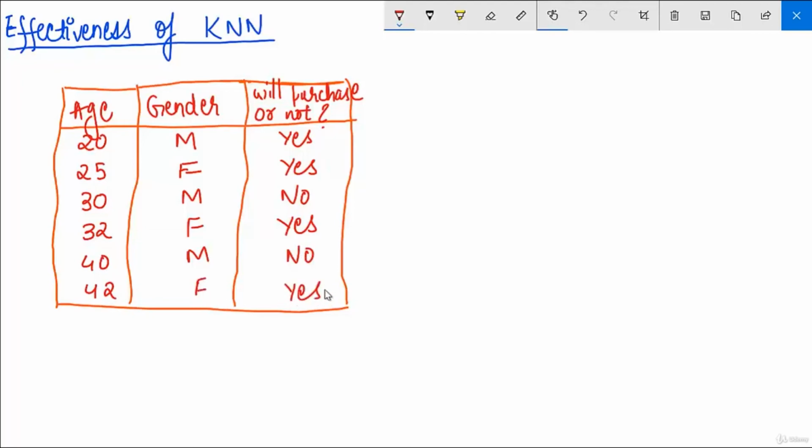So this is a simple dataset. If a new member enters, let's say 30 comma F, will she purchase the item, yes or no? We have to find that.